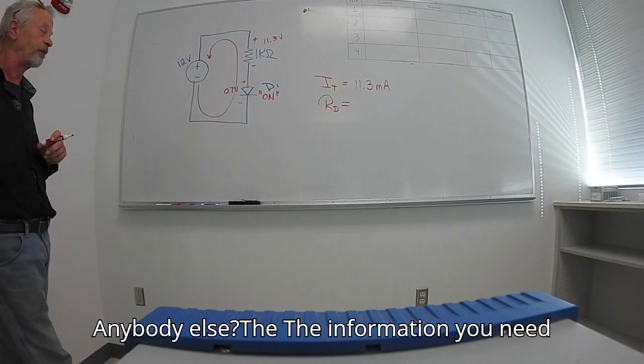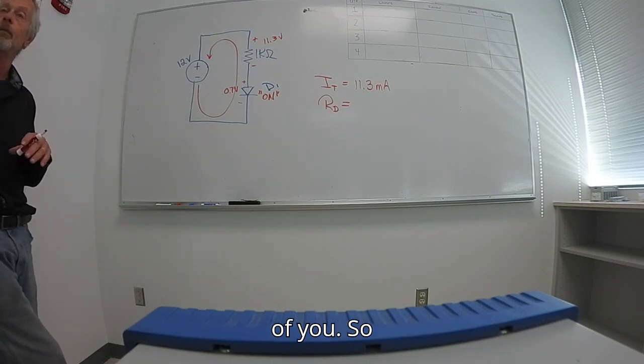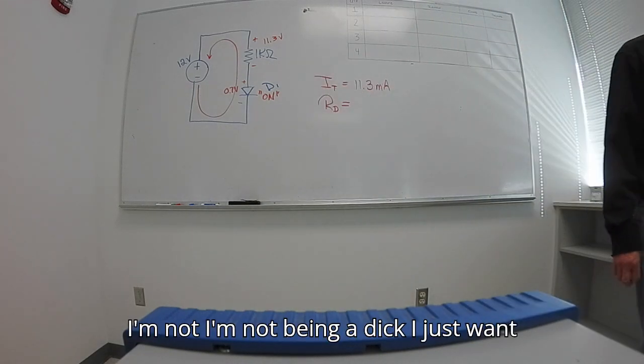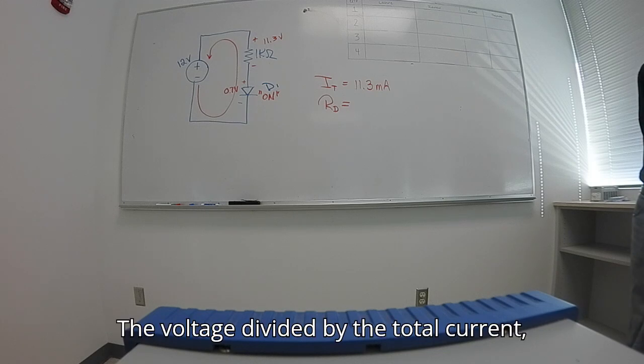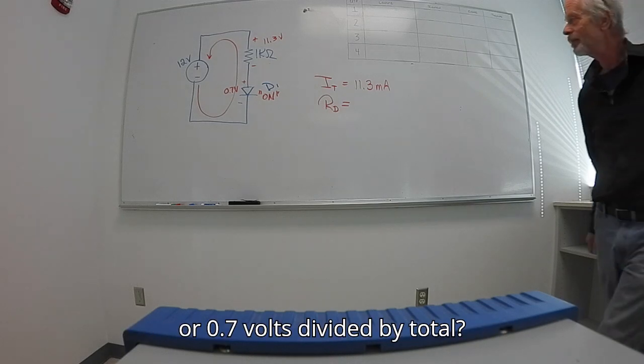Anybody else? The information you need to determine it is right there in front of you. I'm not being a dick, I just want to see if you can find it. The voltage divided by the total current.